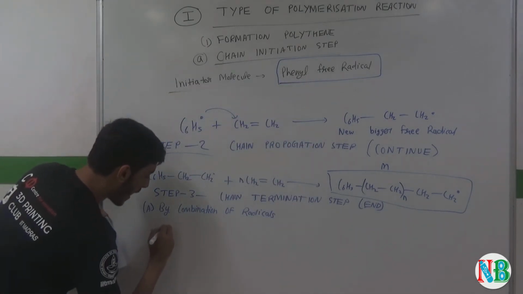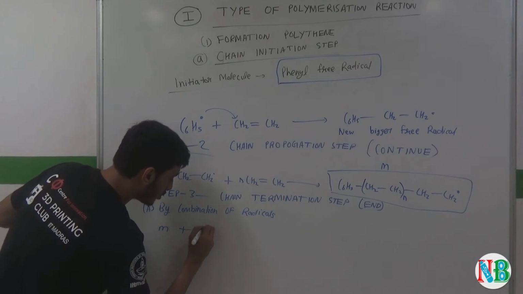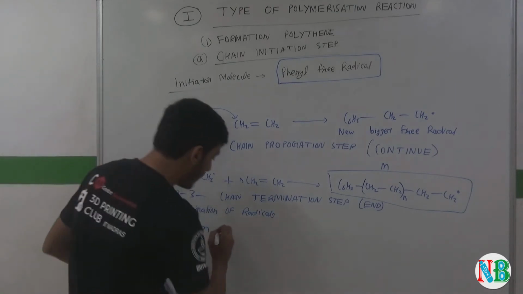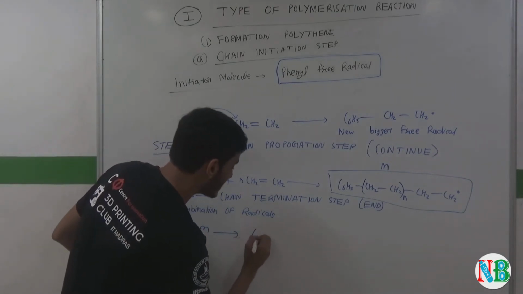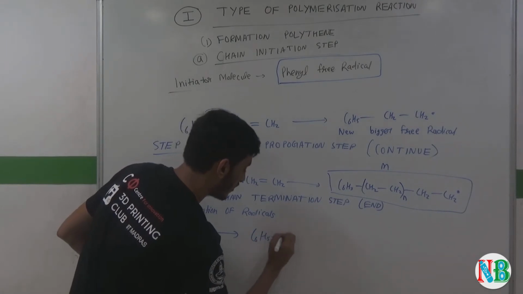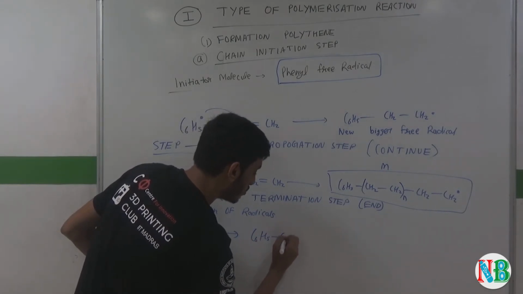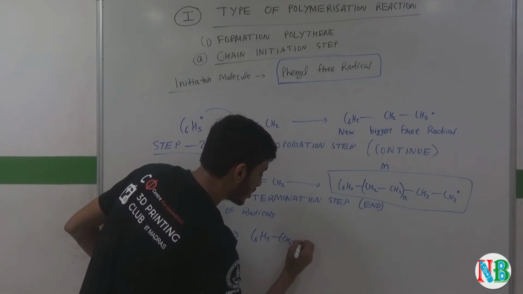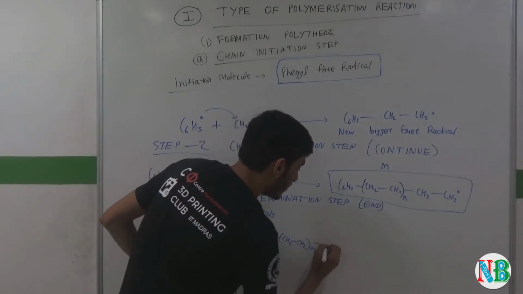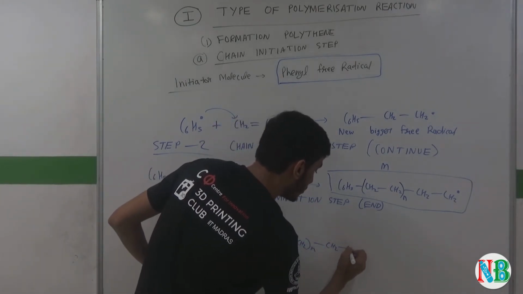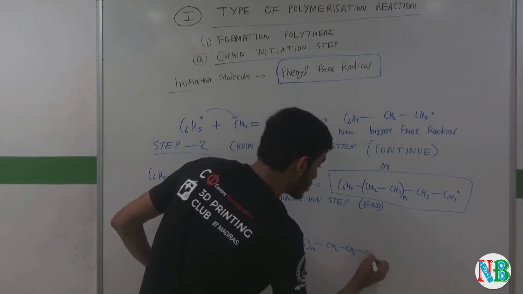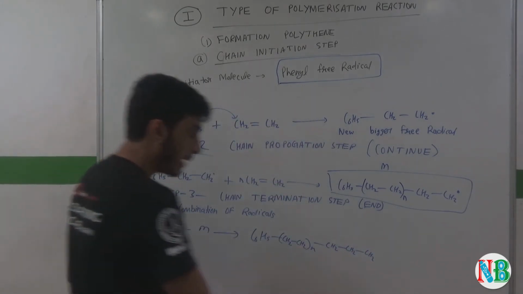So the small m reacts with one more small m to form what? It will form C6H5 CH2 n CH2 then again CH2, you have to add one more m to it.